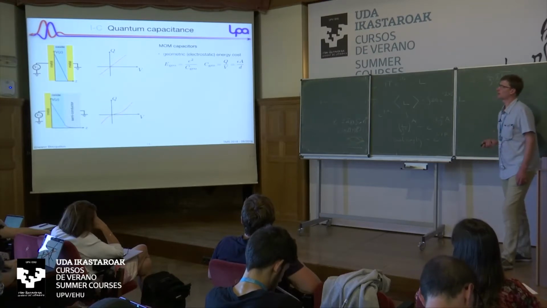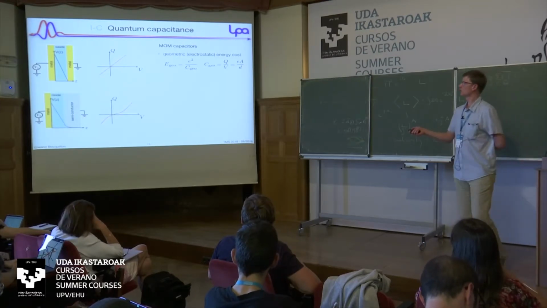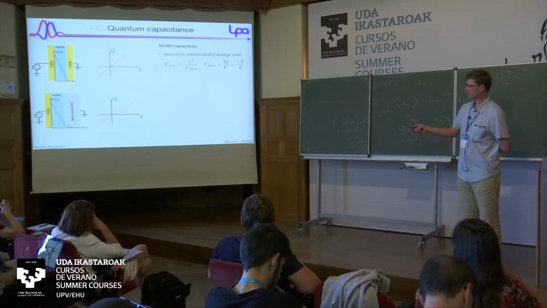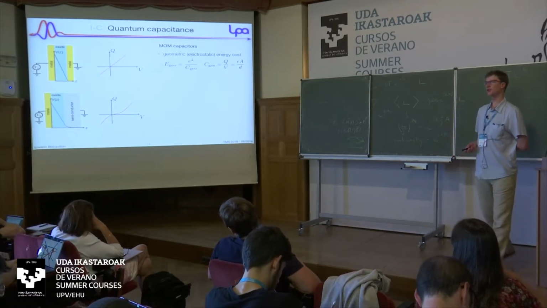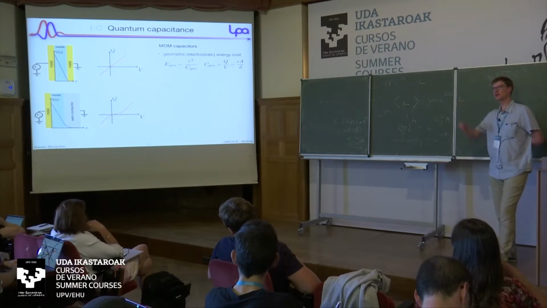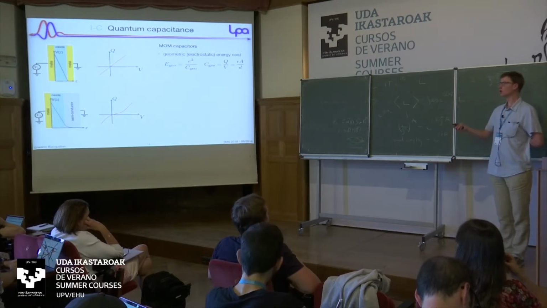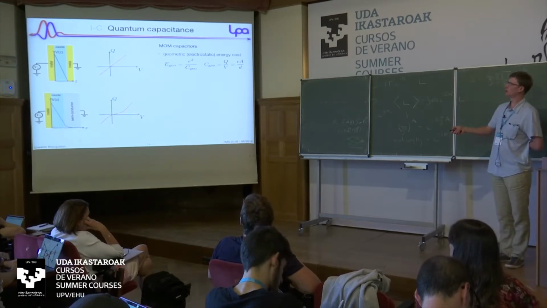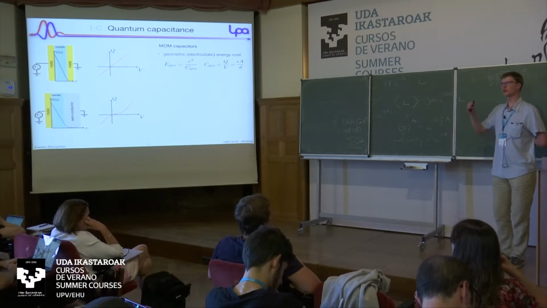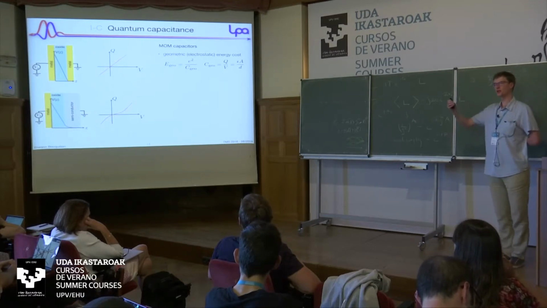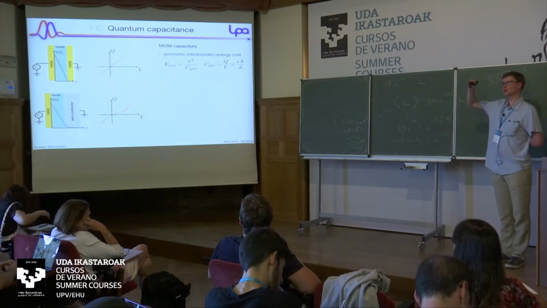Now, if you look at a device in which one of the plates has a finite density of states, there will be an additional energy cost. If you want to add an electron, you need to go across the electric field, but you also need to pay an additional energy to increase slightly the Fermi level.